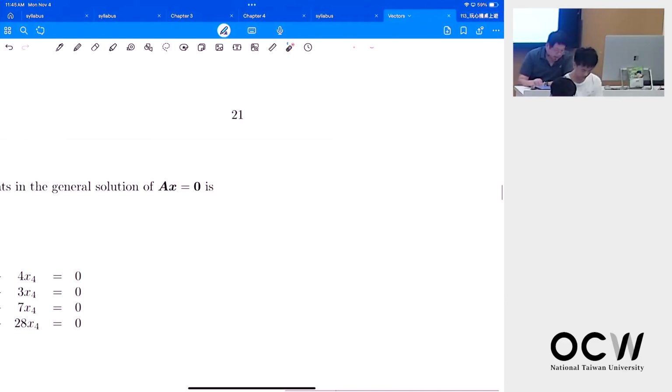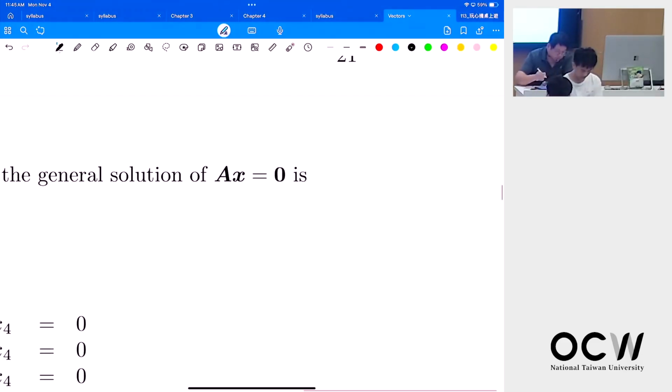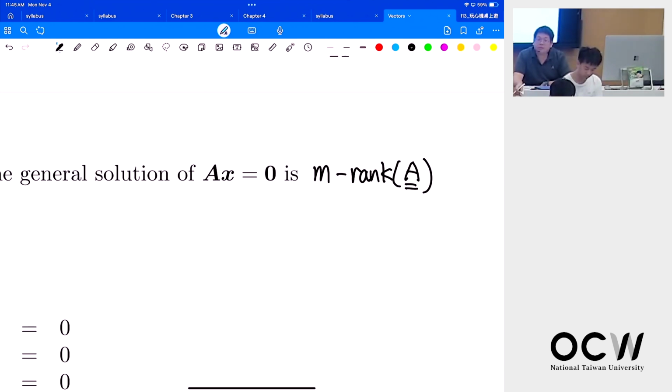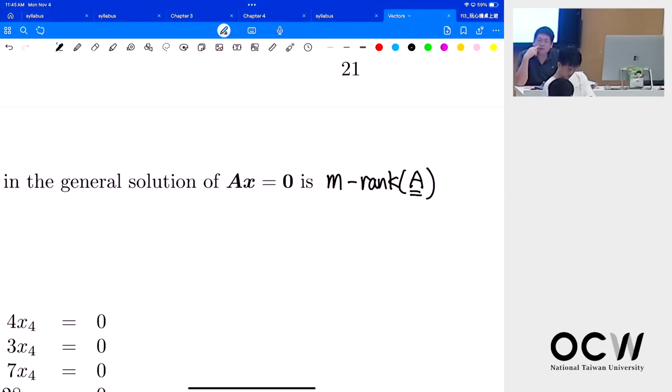Then the number should be, because it is m by m, so you have m unknowns and m columns, so it should be m minus the rank of your A. If it is full rank, then you don't have any independent variable. For example, if you have a 3 by 3 matrix and your leading entries are also 3, then you don't have extra independent variables. So you can get a specific answer for x1, x2, and x3.